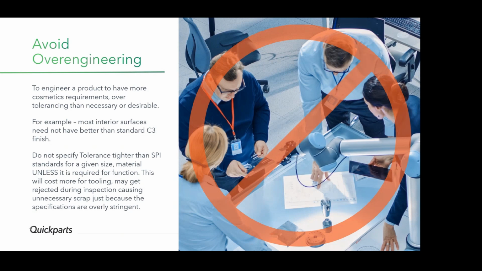For example, you are choosing A3 finish instead of C3 finish for an area that is totally non-cosmetic, not visible to the customer. Try to choose standard. If you have to have texture, choose standard texture instead of some custom VDI or multi texture that requires more time and money, right? So avoid unnecessary tight tolerances and unnecessarily cosmetic specifications.